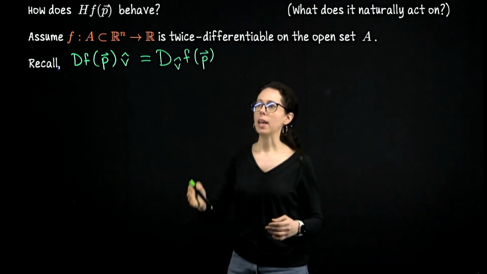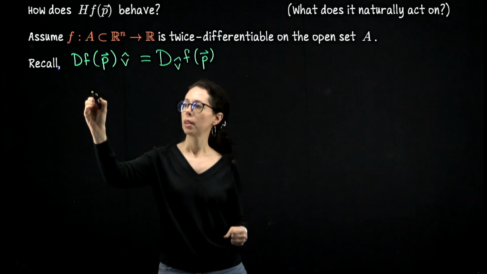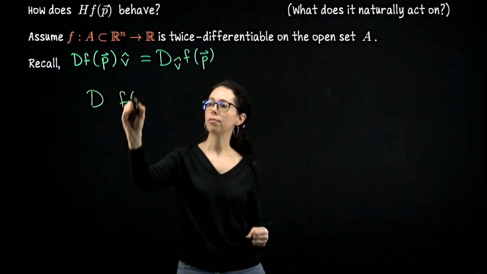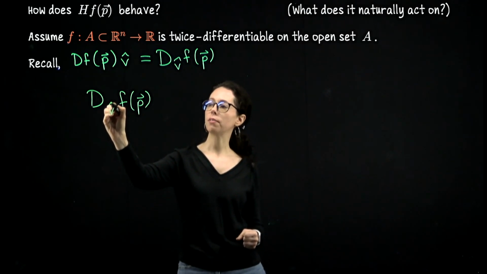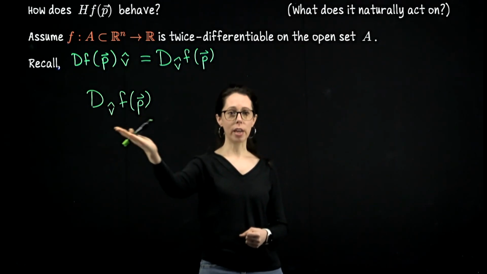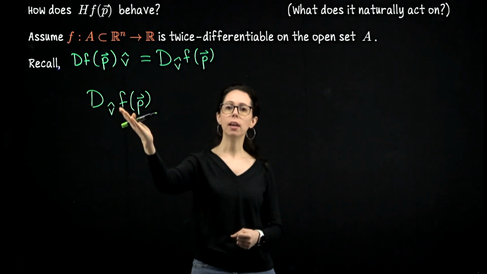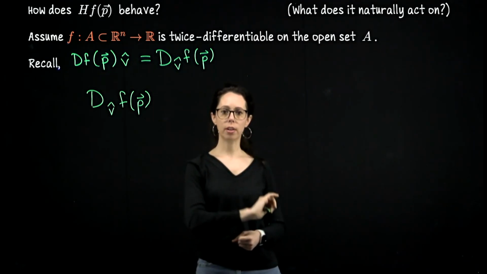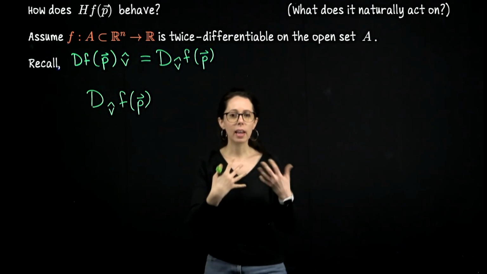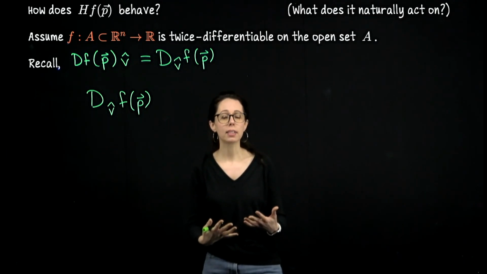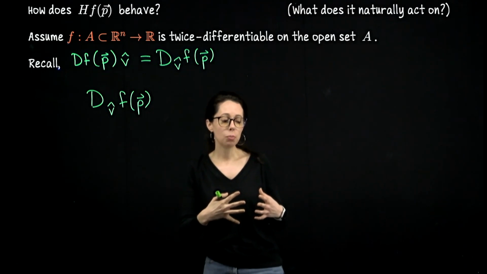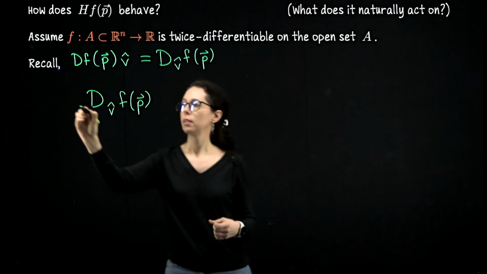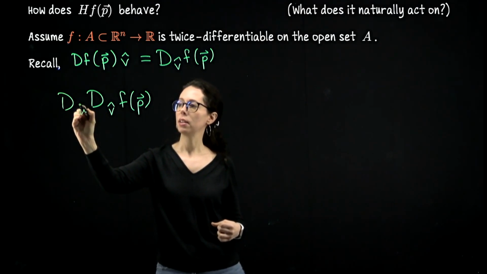Let's say, again, that we're going to do the directional derivative of f at some point P in the domain A in the direction of v. This is a rate of change. Again, it's telling us the rate of change of f in the direction of v. That's a measurement in its own right. How does that measurement change if I then move in the direction of u? So that's like an iterated directional derivative.